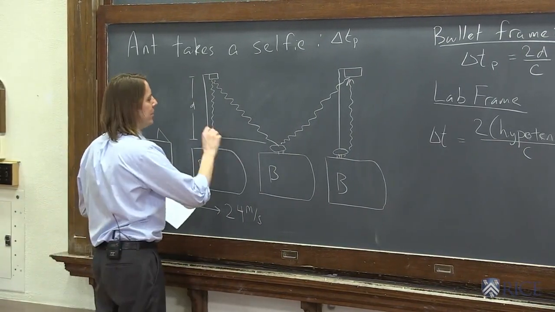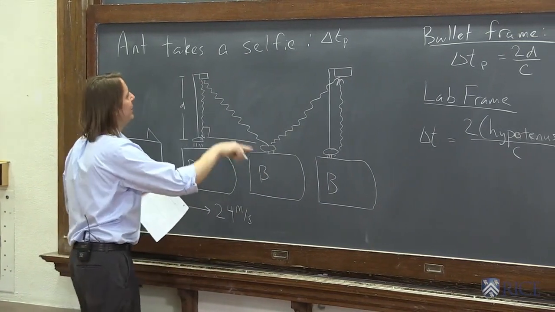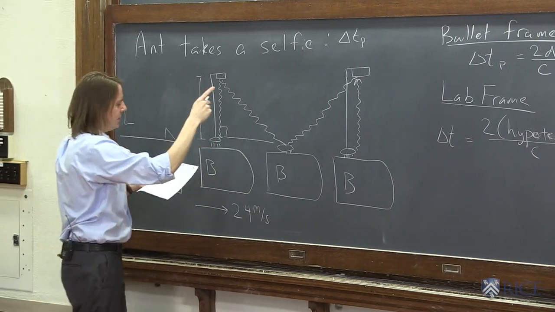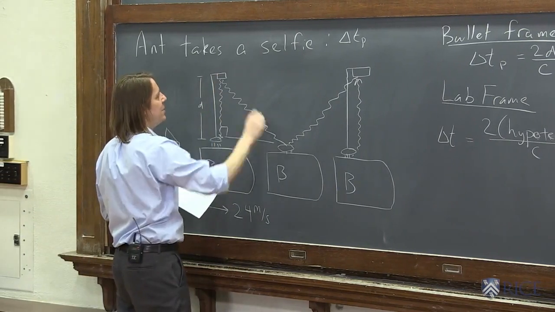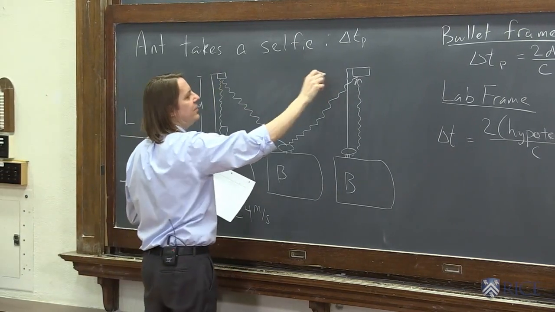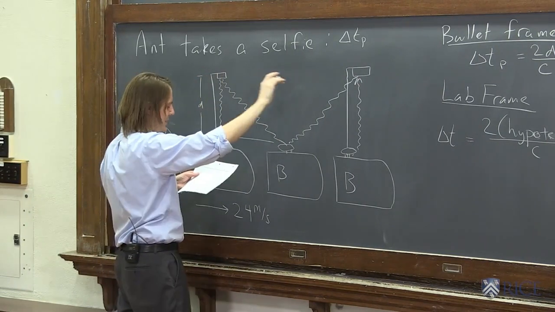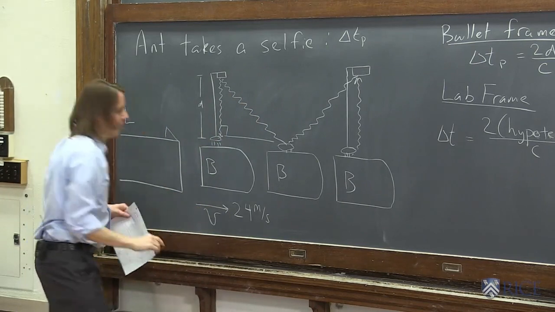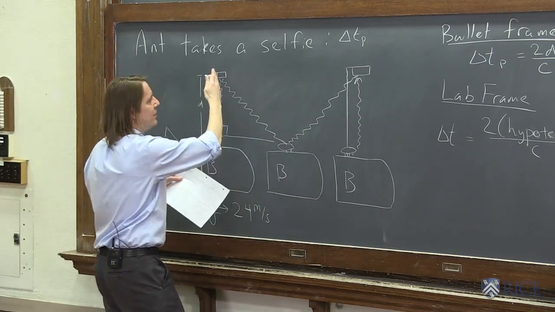Well, if we make a right triangle here, one side is d, so d squared, and the other side is this. But we know this whole thing is c delta t. So that distance is, this is the velocity v, how fast the bullet's actually moving. So it goes a distance v delta t.